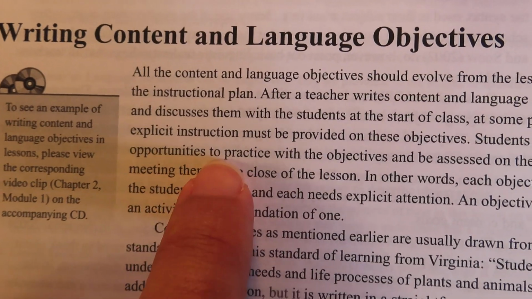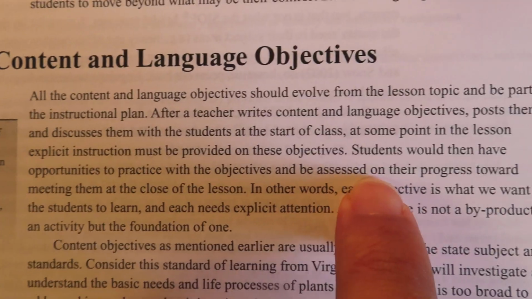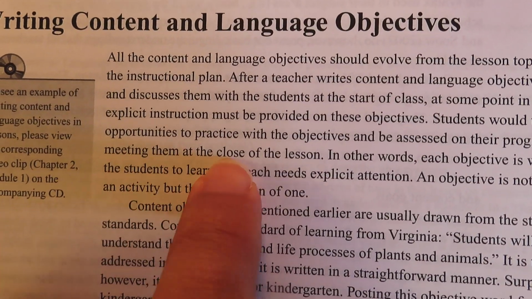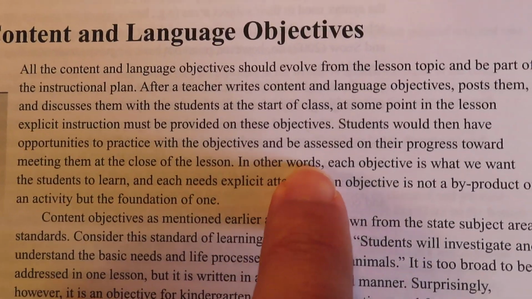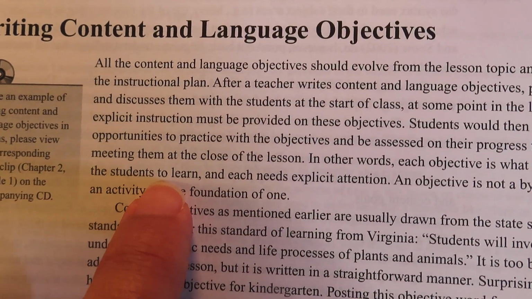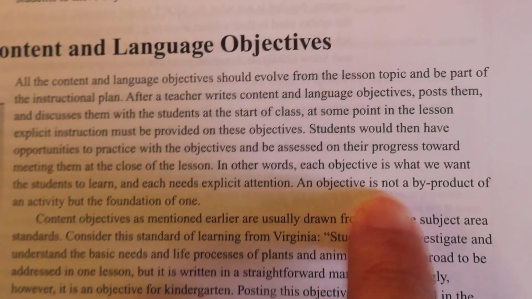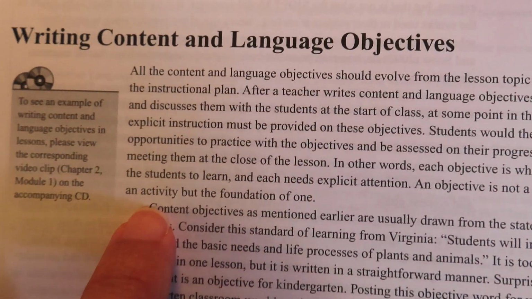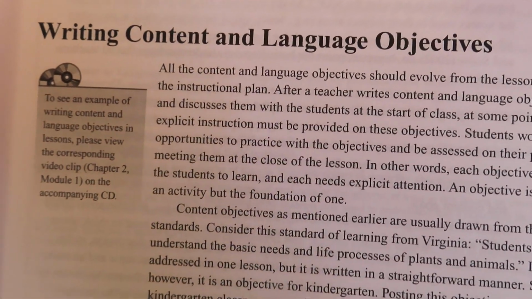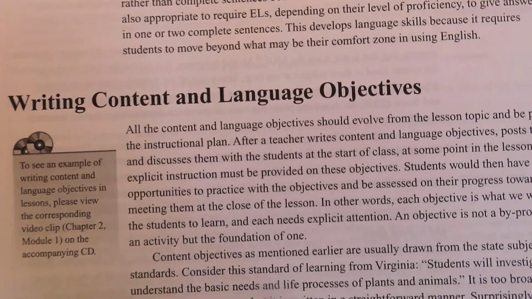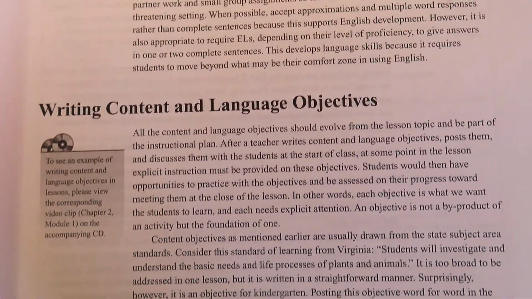Students would then have opportunities to practice with the objectives and be assessed on their progress towards meeting them at the close of the lesson. In other words, each objective is what we want the students to learn, and each needs explicit attention. An objective is not a byproduct of an activity, but the foundation of one." The whole book is written like that.